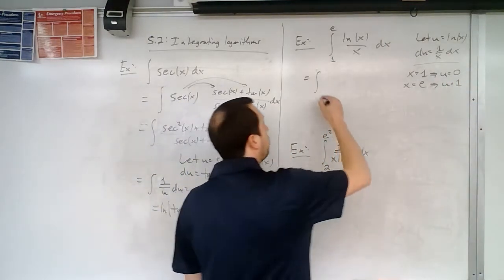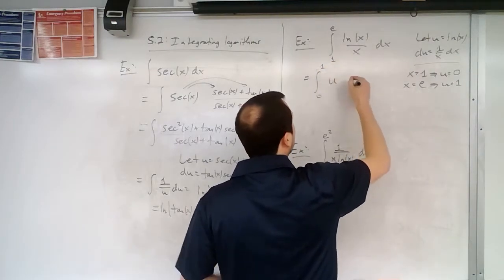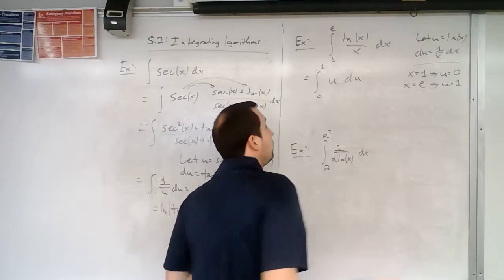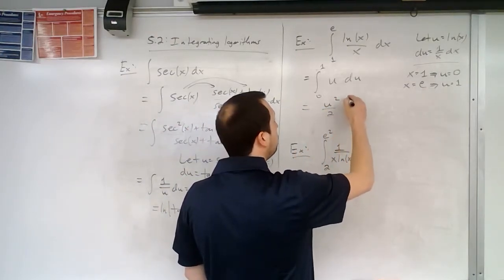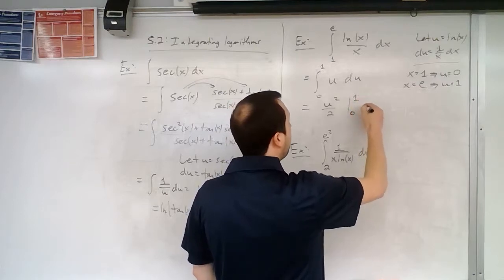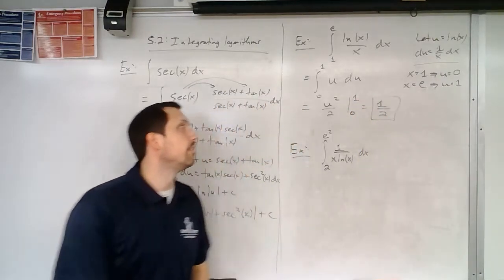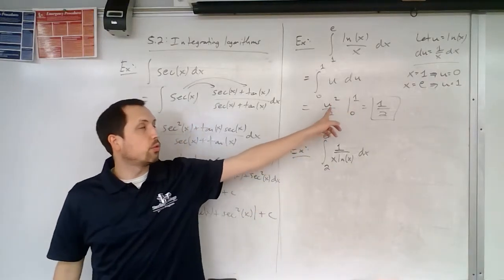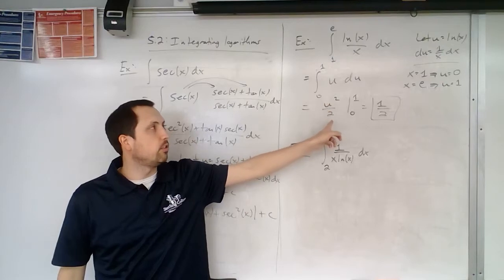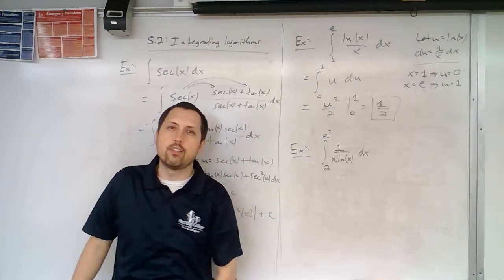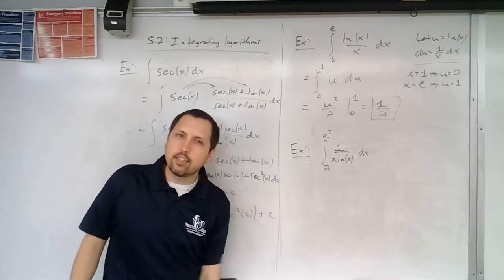So this is now the integral from 0 to 1 of u du. Now the integral of u is u squared over 2, evaluated from 0 to 1. So this just simply becomes 1/2. You would take 1 squared divided by 2, which is 1/2, minus 0 squared divided by 2, which is 0. So 1/2.